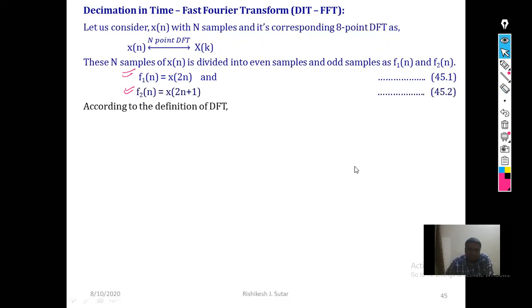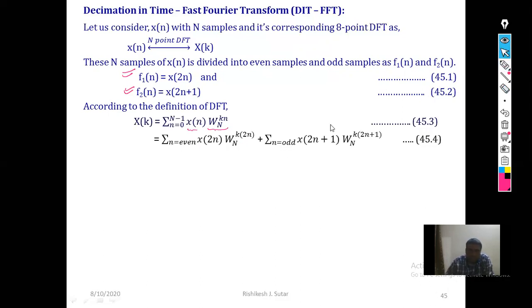Once I indicate this even part and odd part as f1 of n and f2 of n, we'll start with our definition of DFT. We know that X of k is equal to the summation, n runs from 0 to N minus 1, x of n times the twiddle factor, that is W subscript capital N superscript small k small n. Let us divide this x of n into even part and odd part. We'll consider the even instances of n, which is equal to x of 2n, so n will be replaced with 2n.